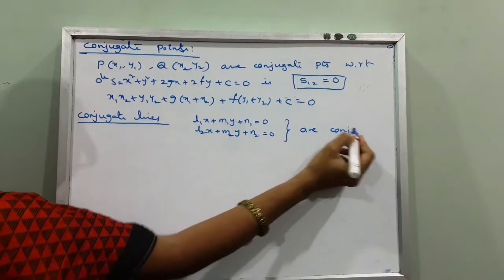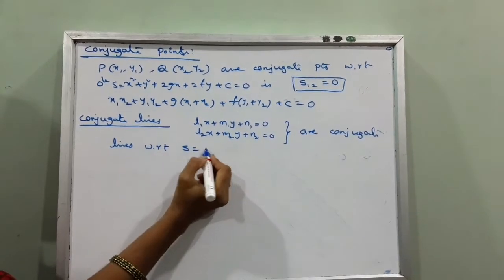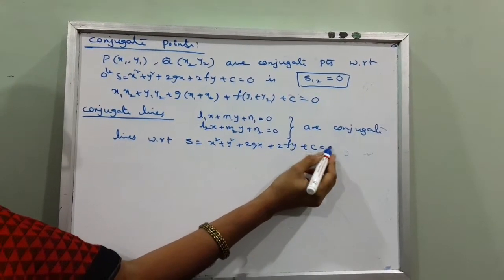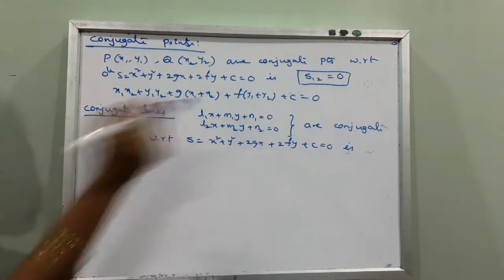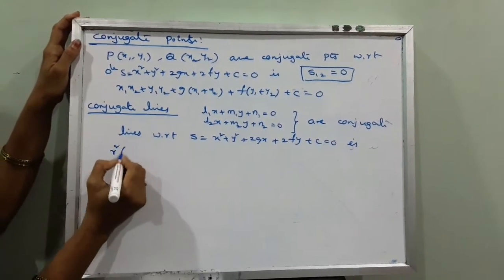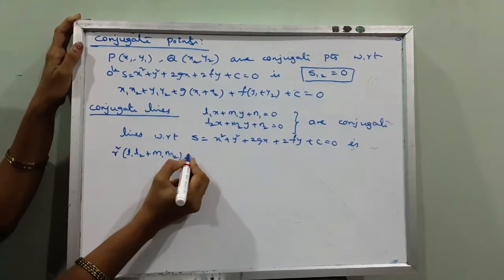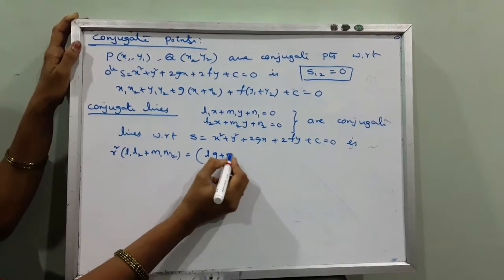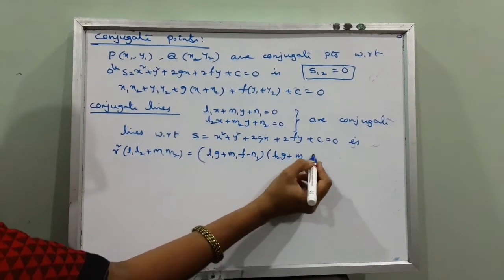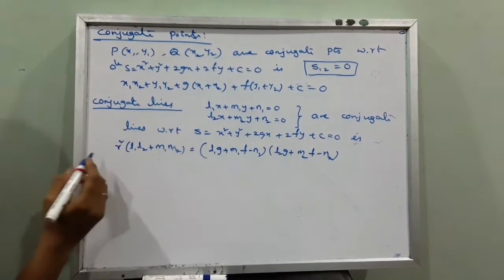They are conjugate lines with respect to the circle S = x square plus y square plus 2gx plus 2fy plus c = 0. The condition for these two lines to be conjugate with respect to the general equation of a circle is r square into (L1 L2 plus M1 M2) is equal to (L1 g plus M1 f minus N1)(L2 g plus M2 f minus N2). These are the conjugate lines.